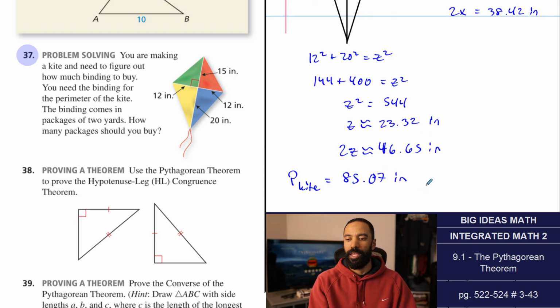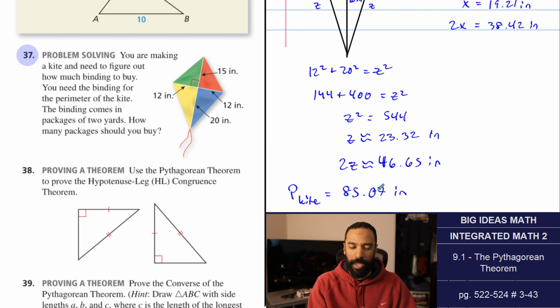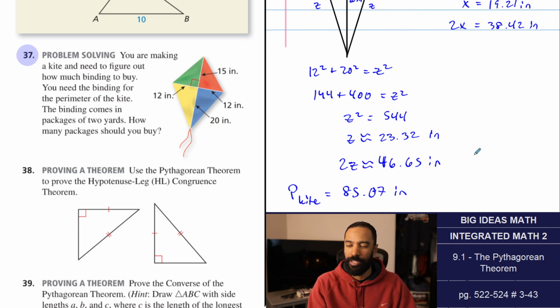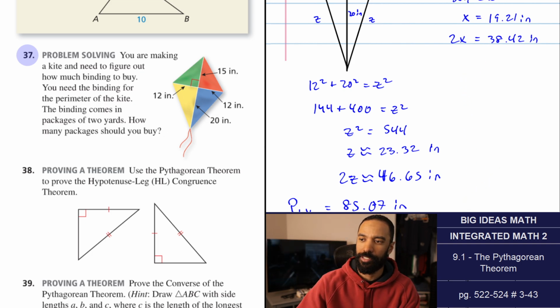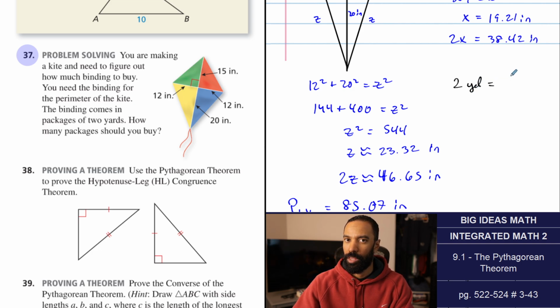That's the perimeter of the kite, rounded. What I'm going to do, it says the binding comes in packages of 2 yards. Now, if this is more proportion talk, sorry, 1 yard is 36 feet.